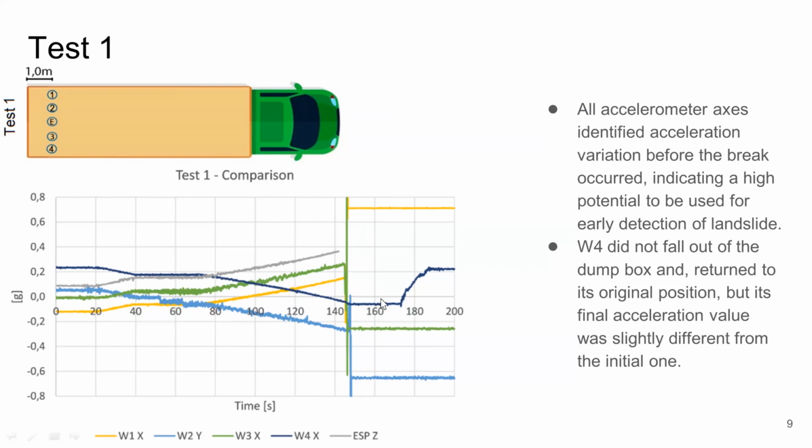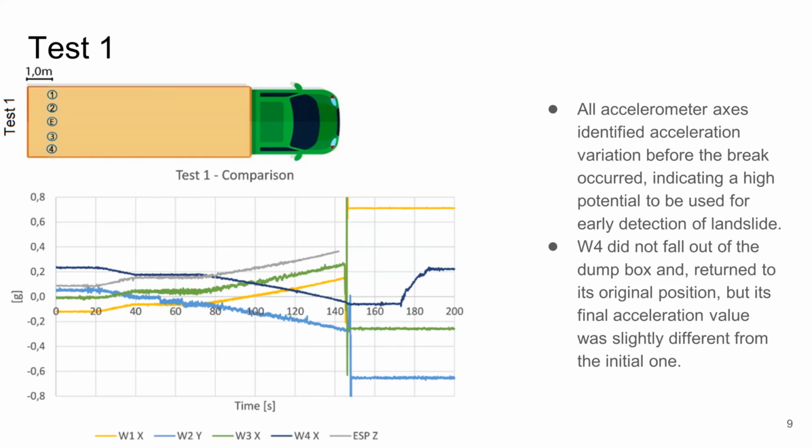For example, in this dark signal, these sensors don't fall from the dump truck. The earth falls to the floor. But when you return to the original position, the sensors remain inside the dump truck. It's possible to notice that the final acceleration value is very similar to the original position, but with a small difference between the original point and the final point when the dump truck returns to its original position.